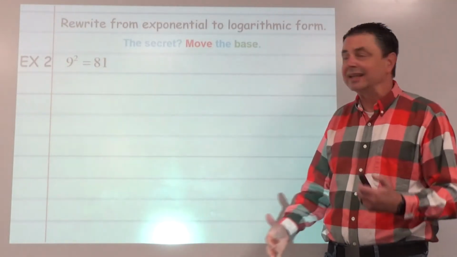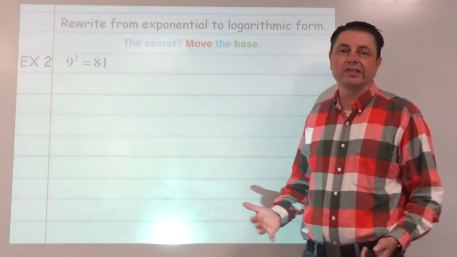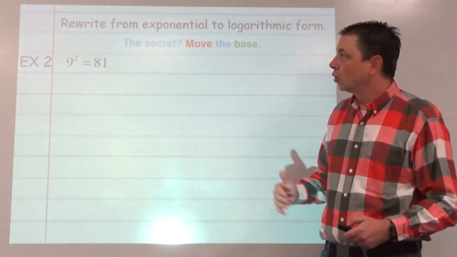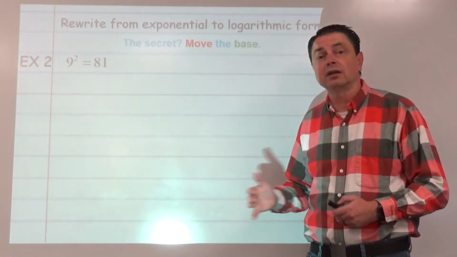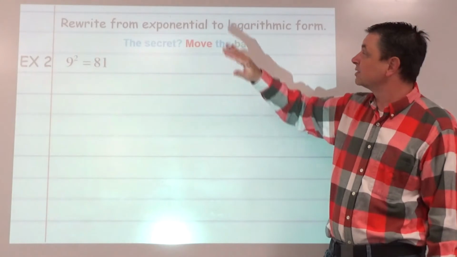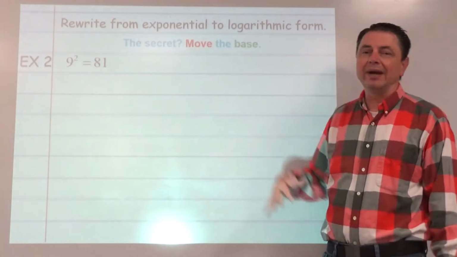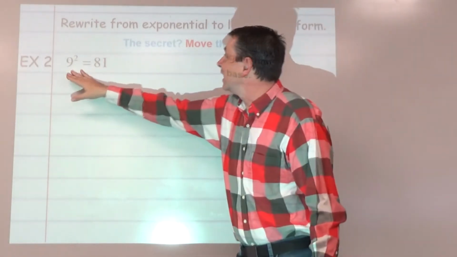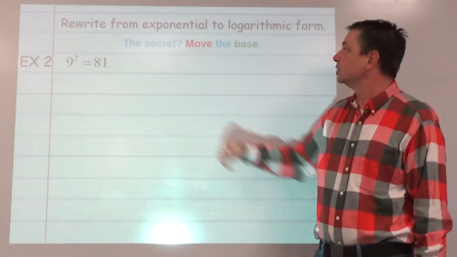One of the important skills, whether we're talking about graphs or a future lesson on evaluating and investigating logarithms, is to be able to rewrite back and forth from one form to another. Here we have an exponential equation.